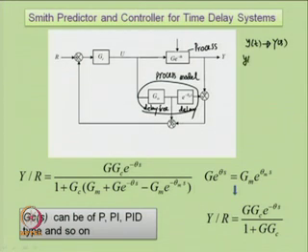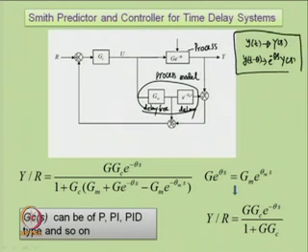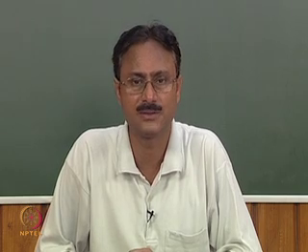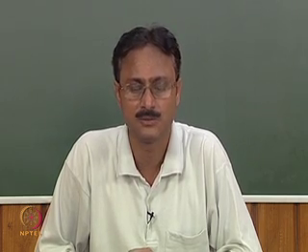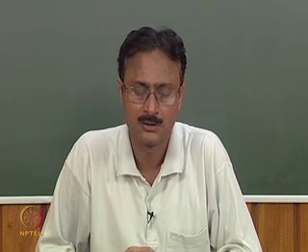When the output is lagging by some time theta seconds, that is shown as e to the power minus theta s Y(s) in Laplace domain. So, here the process possesses long dead time, and often it is difficult to design either series or series feedback type of compensation schemes without resorting to the Smith predictor control scheme.